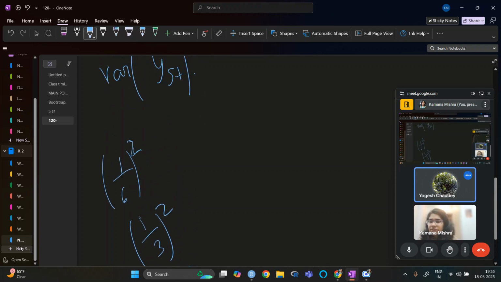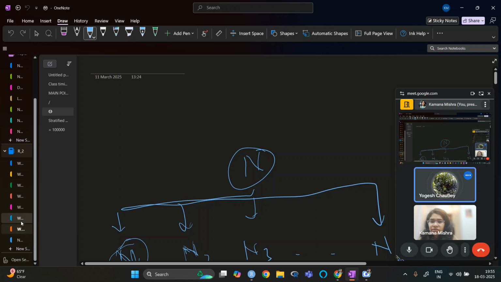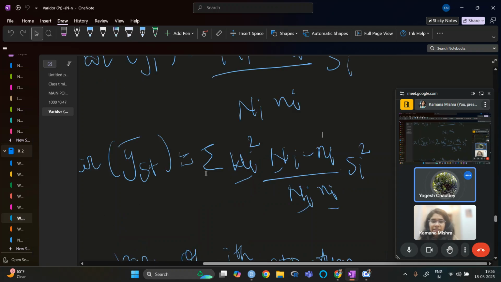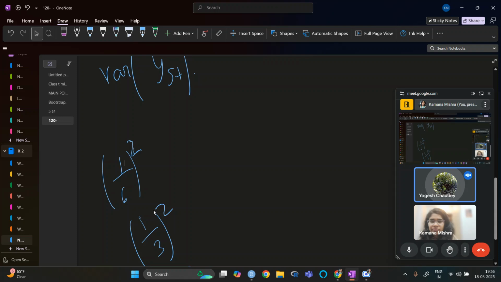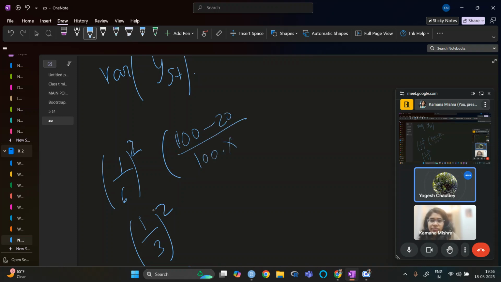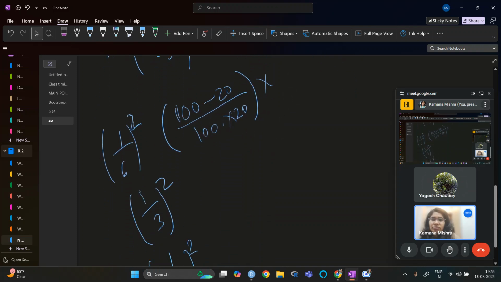The next term is (Ni minus ni) by (Ni ni). That means (100 minus 20) by (100 into 20), and S1 squared is 4.